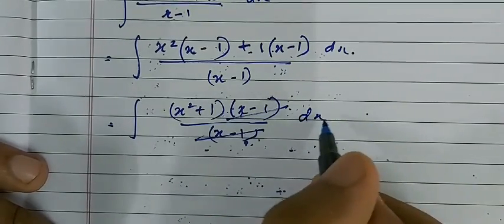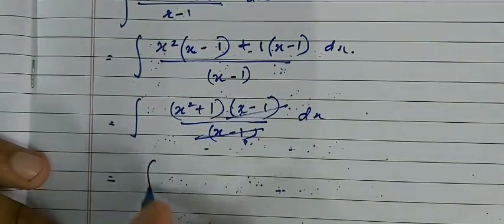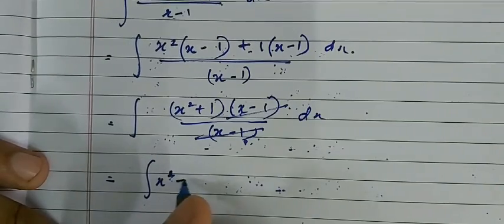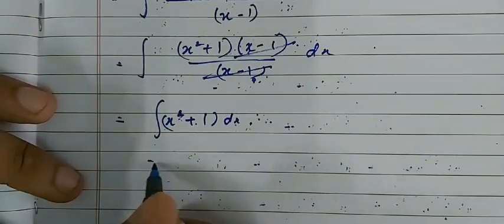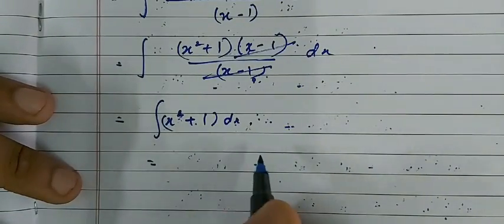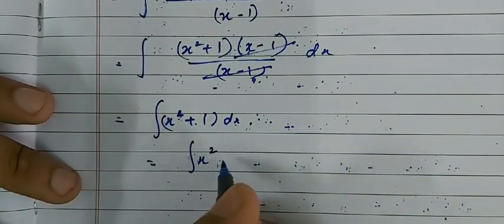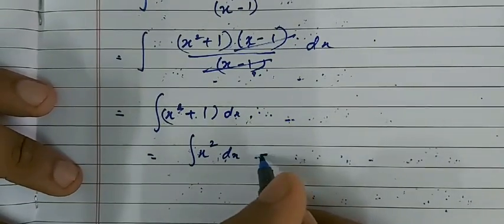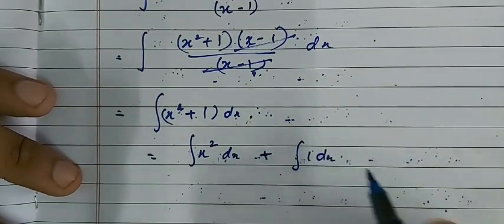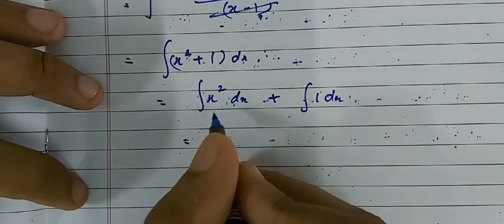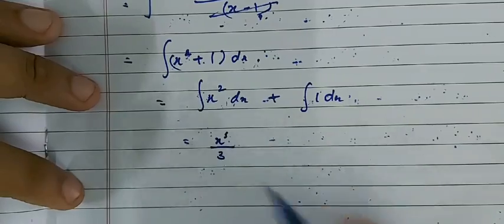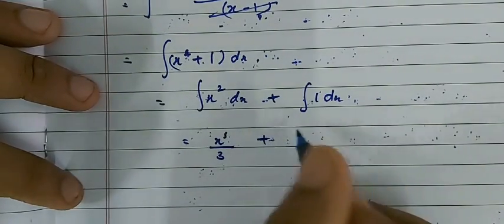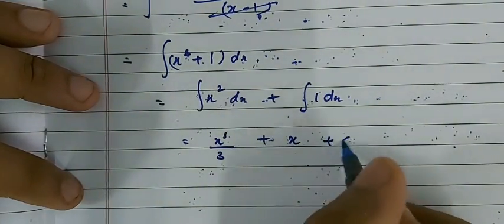So with respect to x, dx. So it will come as integral of x square plus 1 dx. So there's a plus in between, so we can split and write this. So integral of x square dx plus integral of 1 dx. So what is the integral of x square dx? Integral of x square dx is x cube by 3, plus integral of 1 dx, it is x plus c.